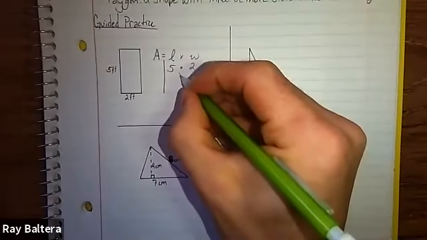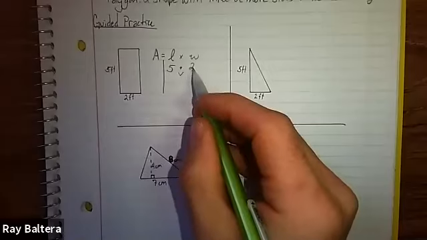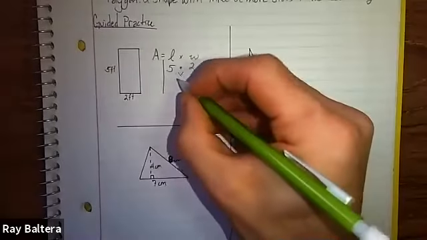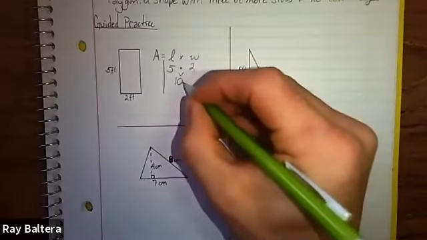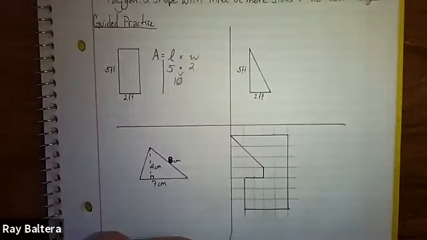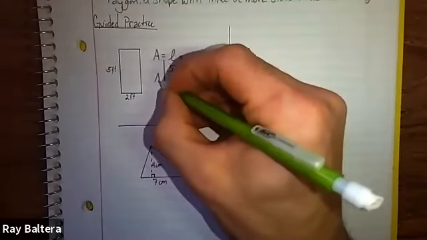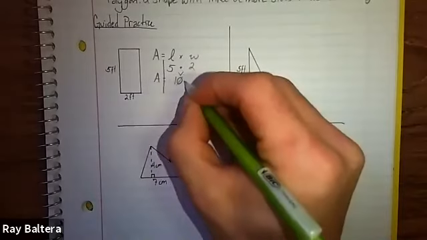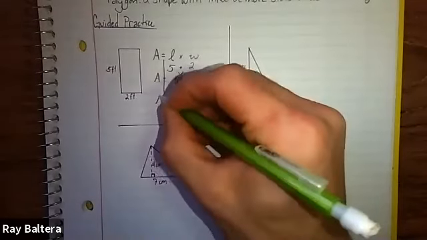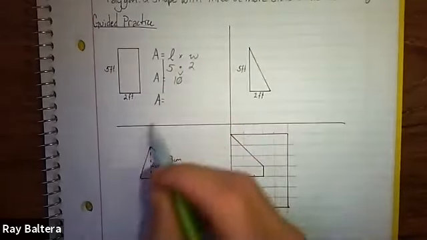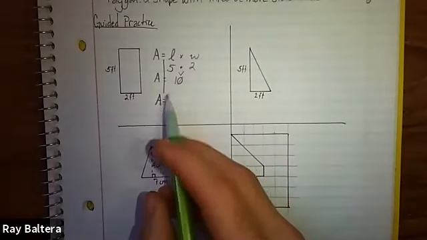And then I can simplify these. 5 times 2 gives me 10. And Teo, you're almost correct. You're missing something very important. The area of this is not 10. I'm missing something important. The area is what? What am I missing from this answer here?